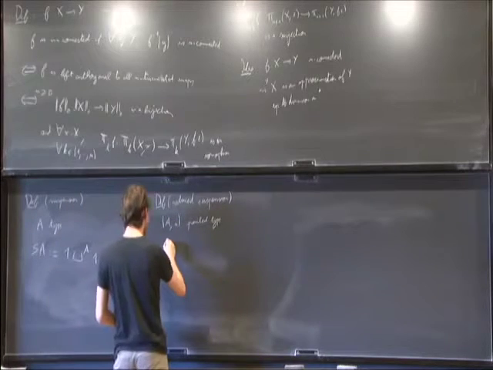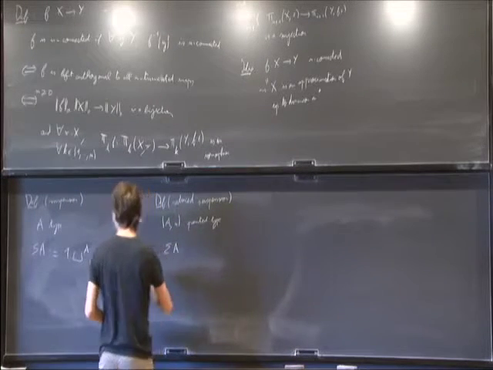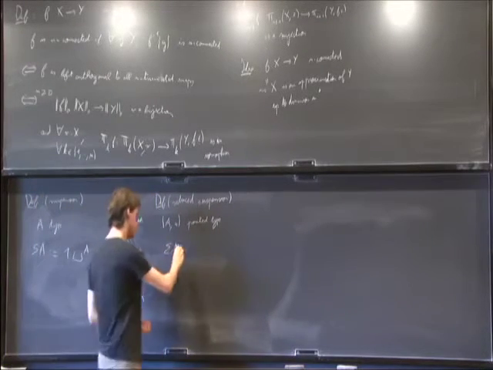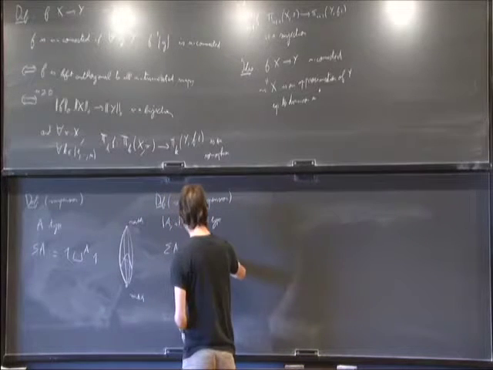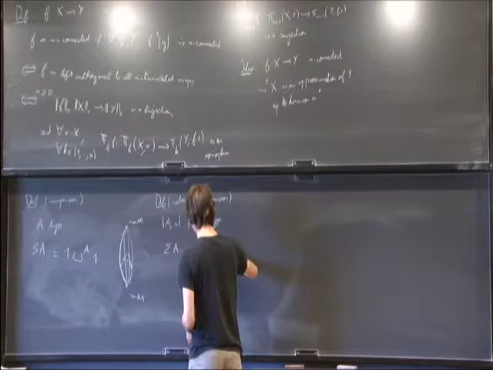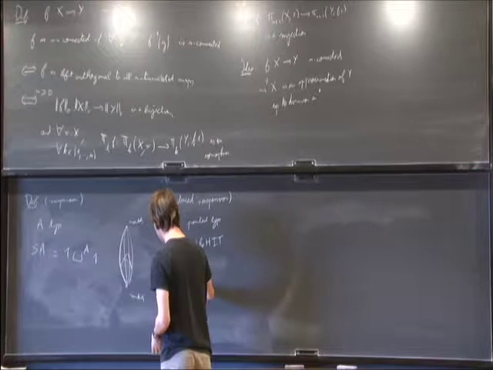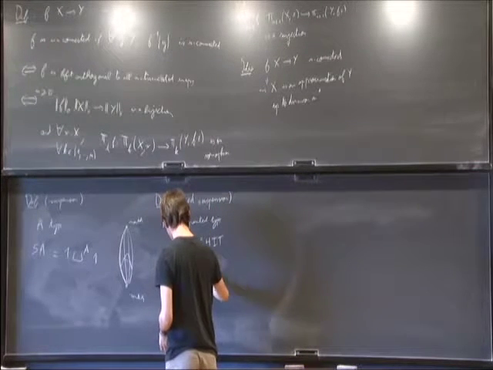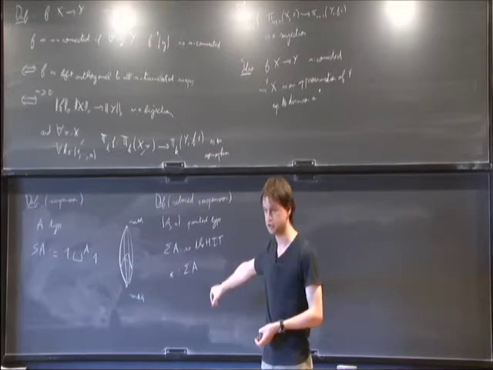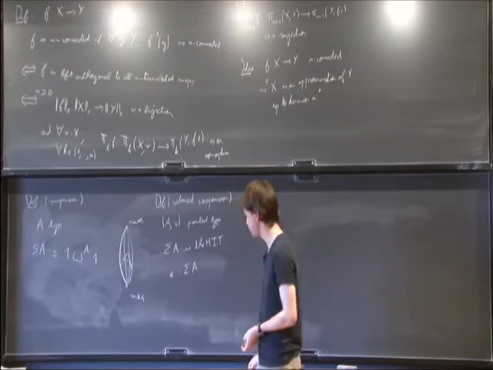So the reduced suspension of A will be the following higher inductive type. It will have now only one base point, star, which is in the reduced suspension.